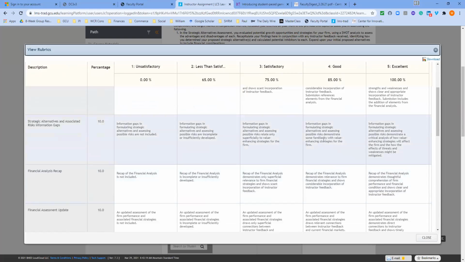The next one is worth 10% of your grade. Information gaps in formulating strategic alternatives and assessing possible risks demonstrate a critical analysis of how value-enhancing strategies will affect the firm and how the effects of threats and weaknesses might be mitigated. Something I need to say here is it's not enough just to define the concepts or explain the concepts.